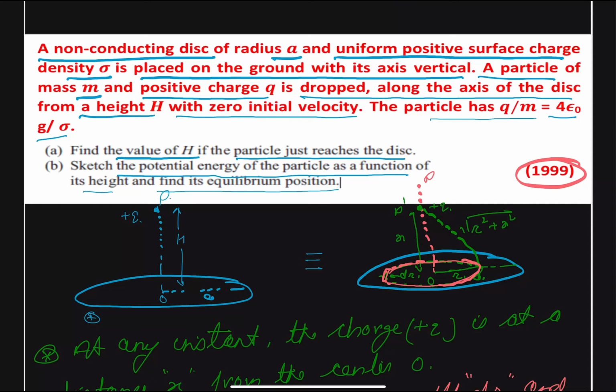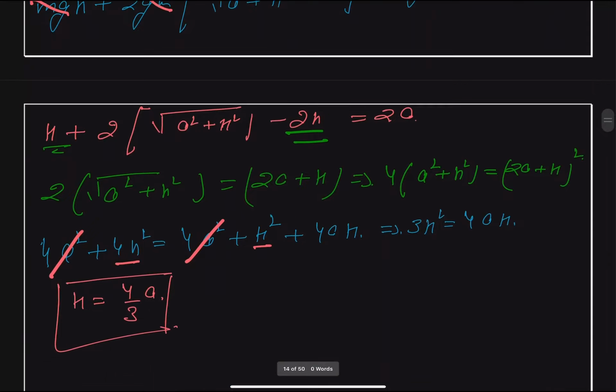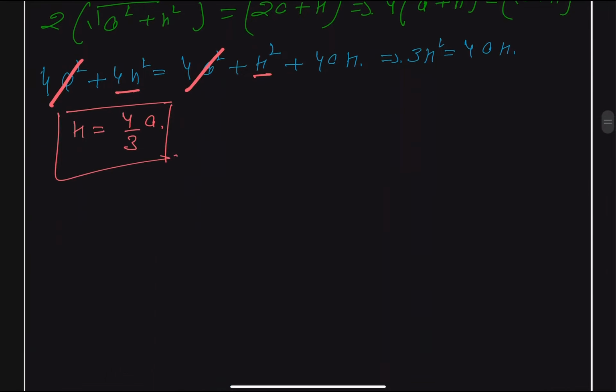So we already know the equation for our energy at height x, and we know its electrostatic potential energy, and for potential energy that will be our mgx.